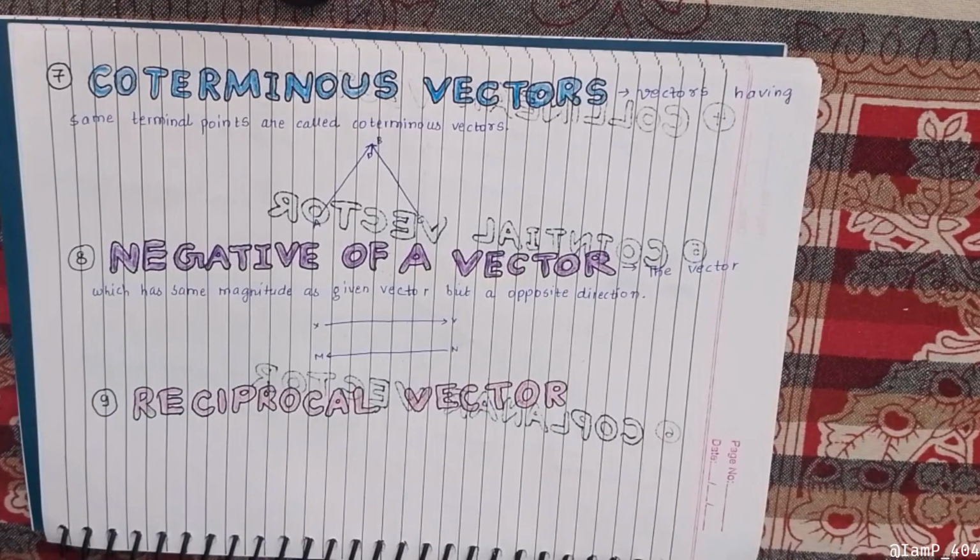So what does one say? A vector having the same direction as that of a given vector but magnitude equal to the reciprocal of the given vector. That's the definition.